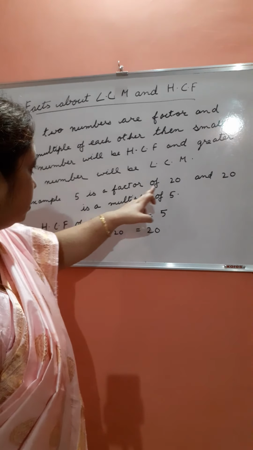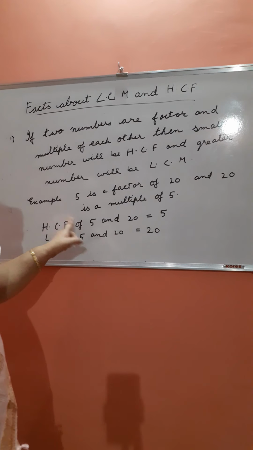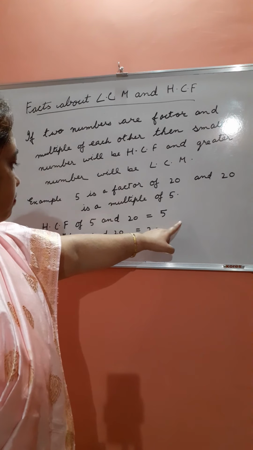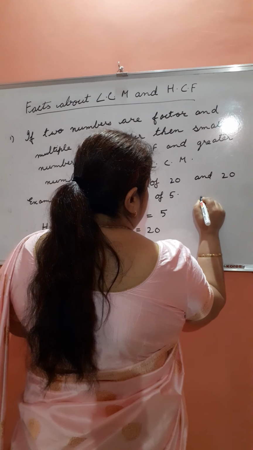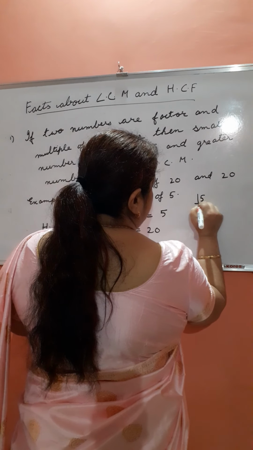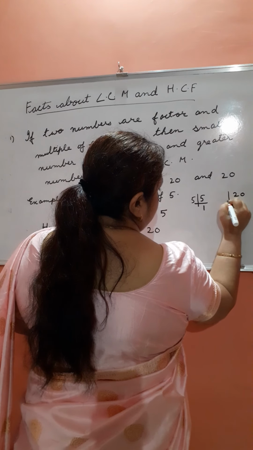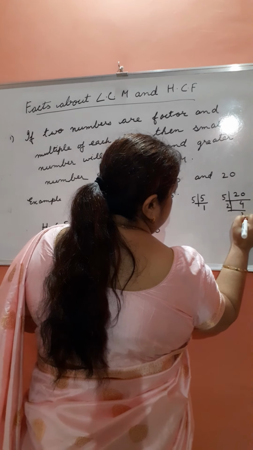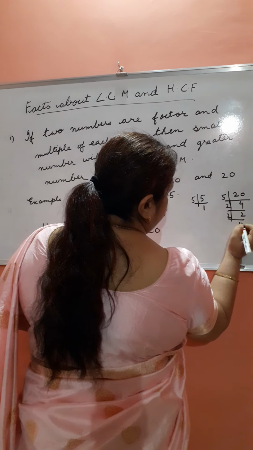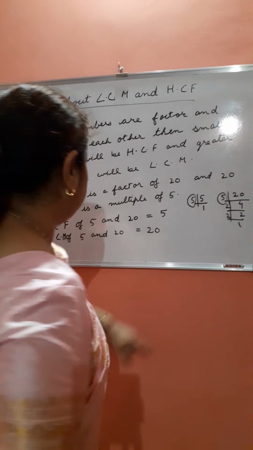So 5 is a factor of 20 and 20 is a multiple of 5. So the HCF of 5 and 20 will always be 5. You can find out here: 5, 20, 5 4s are 20, then 2, 2, 1. So HCF 5 is common here, so HCF will be 5.